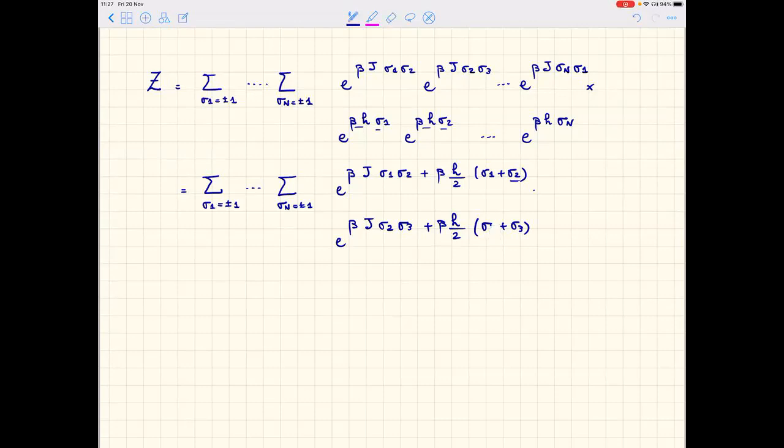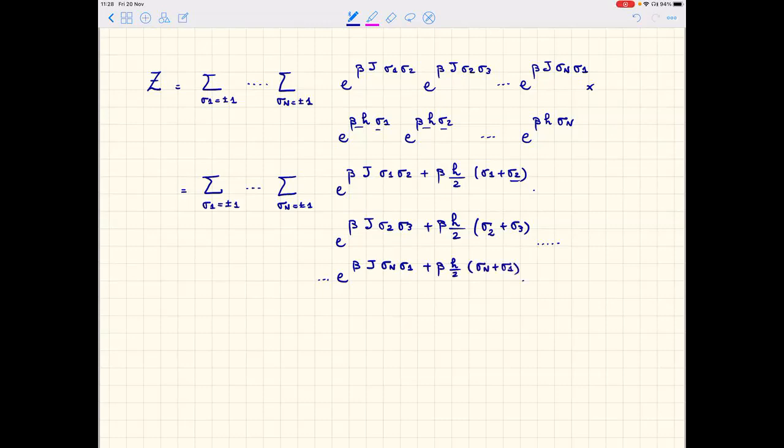Symmetrical in the sense that each individual exponential is symmetrical by exchange of the two indices, 1 and 2, 2 and 3, and so on. You go on and do this all the way to the end. So the last term is going to be e to the beta J sigma n sigma 1 plus beta h over 2 times (sigma n plus sigma 1).